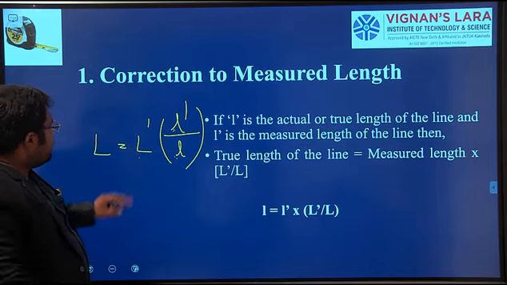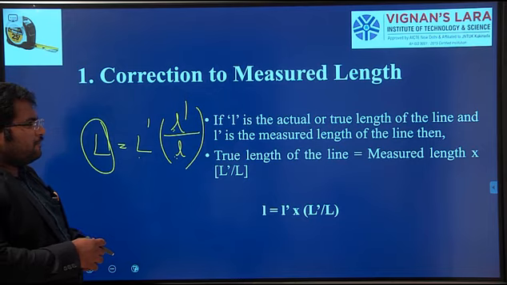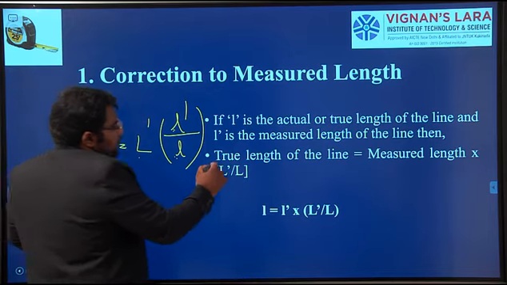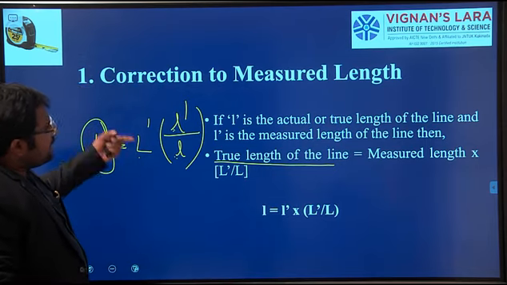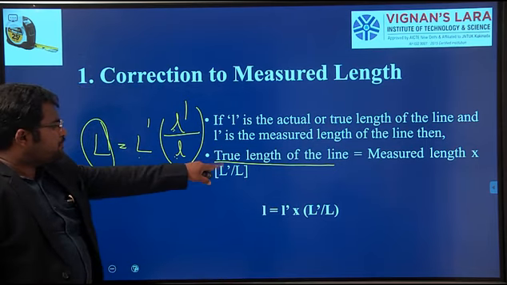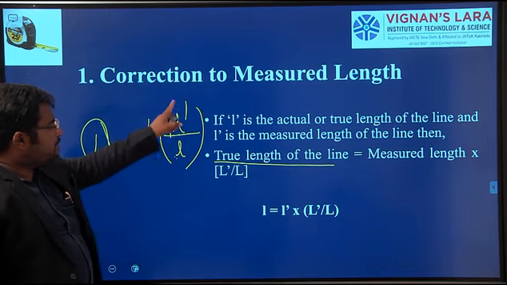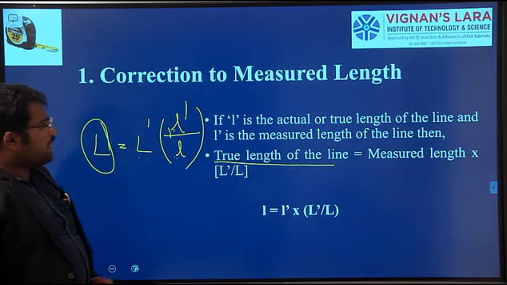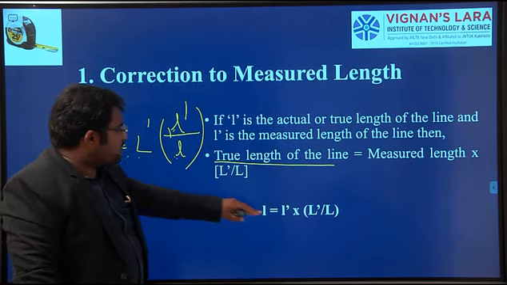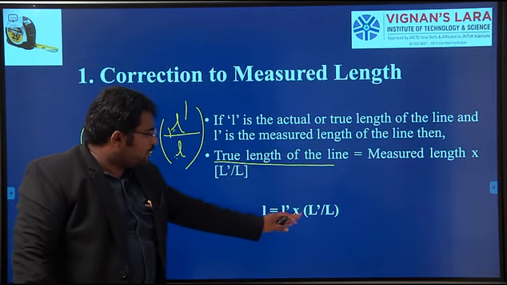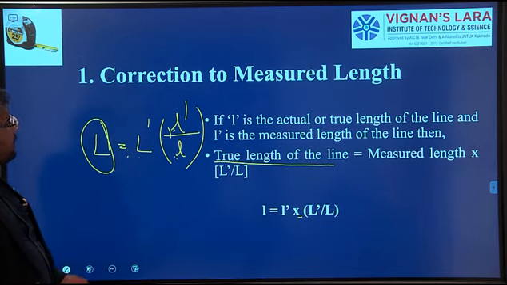Finally I arrive at the exact length. So the true length of the line is equal to the measured length, L dash, measured with a tape which has some error. Otherwise we can use it vice versa; the symbols are different but the formula is similar.